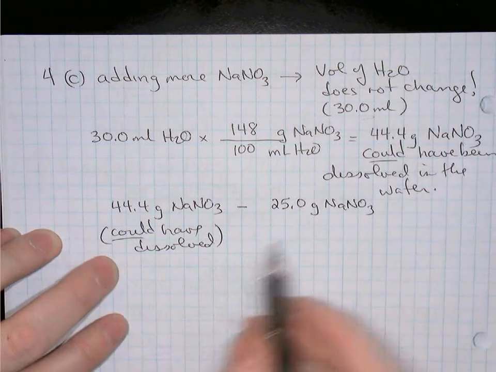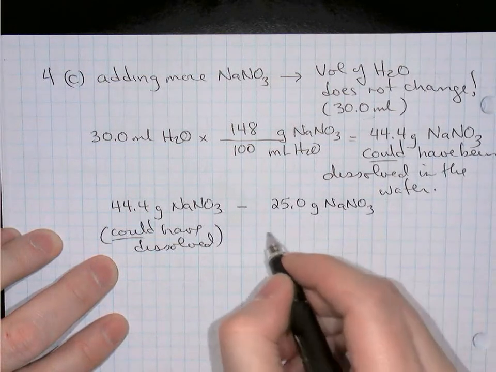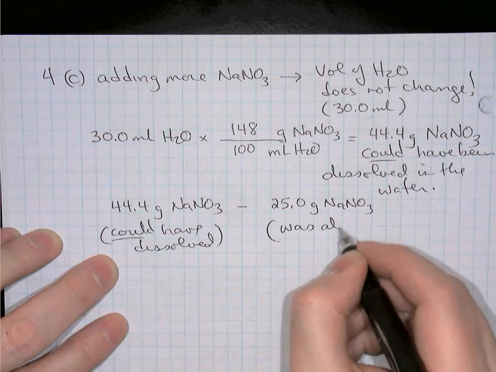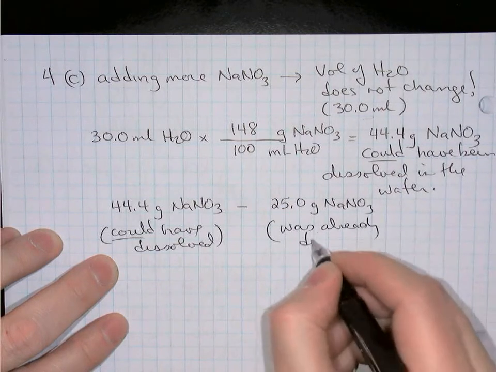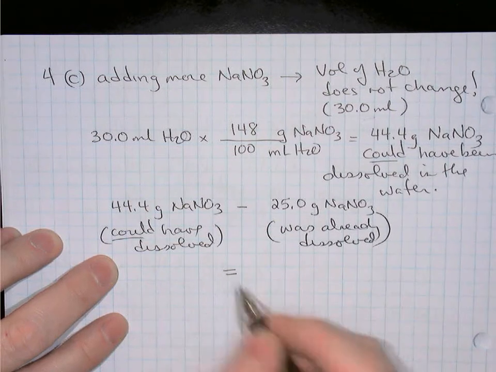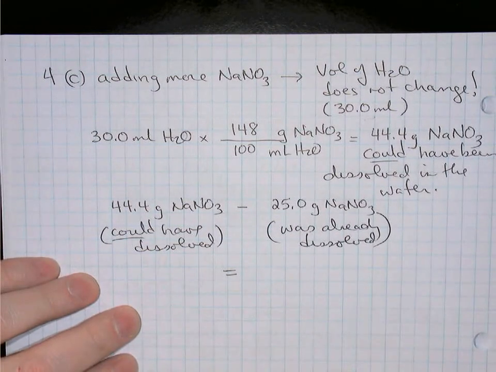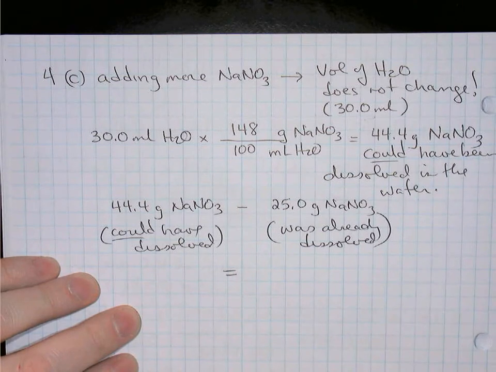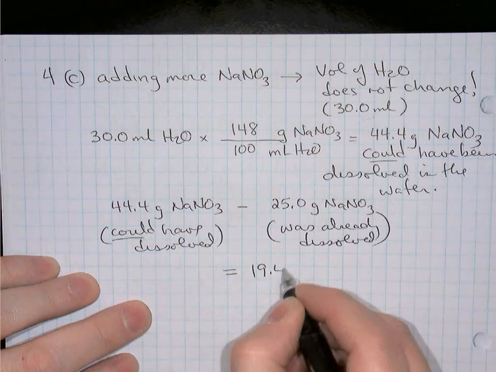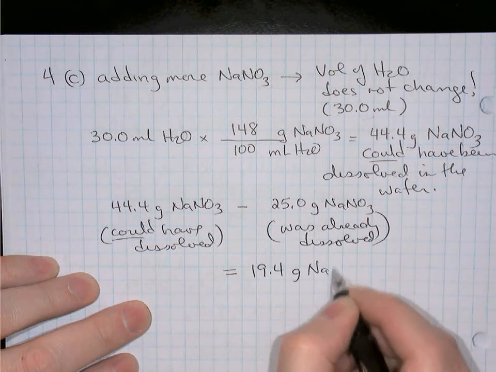Go back and look at the beginning of the question to see where I got that from. This is what was already dissolved. And the difference is going to be how much I can still add. So on my calculator, 44.4 take away 25, I get 19.4 grams of sodium nitrate.